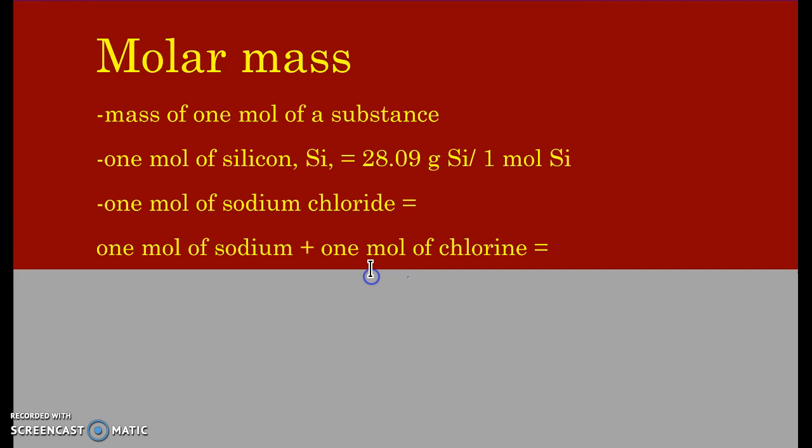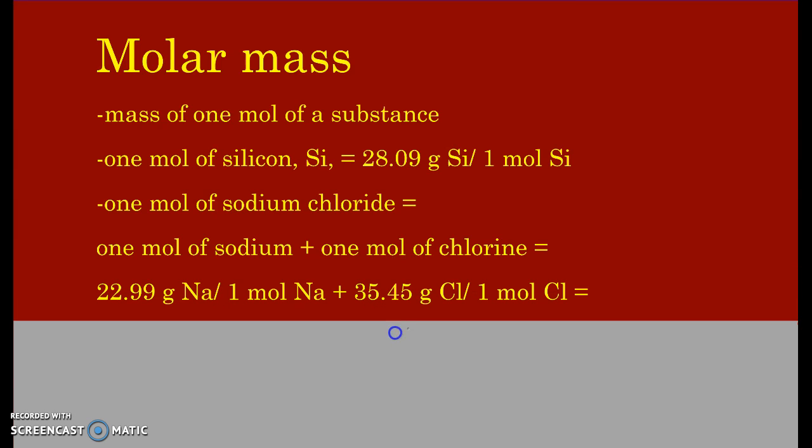Now, let's say we have sodium chloride, 1 mole of sodium chloride, table salt. That would be, gentlemen, a combination of 1 mole of sodium and 1 mole of chlorine. And if you refer to your periodic table, you will see that sodium is 22.99 grams in 1 mole, and chlorine is 35.45 grams in 1 mole.